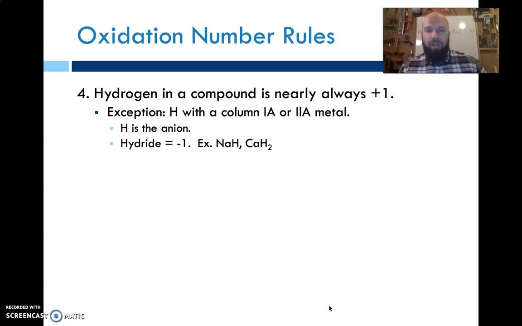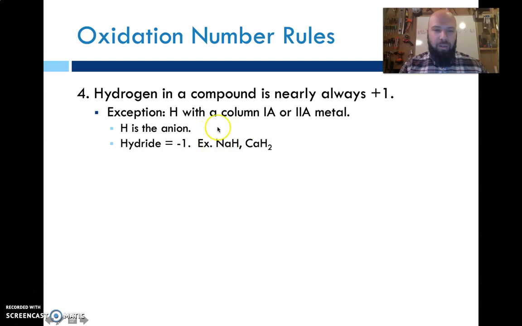So you can think of the H2 example, that would mean hydrogen would be 0, but also if you have a hydride, like calcium hydride or sodium hydride, then rule number 3, where the alkali or alkaline earth metals take priority, would combine with rule number 1, where you have to add the charges together to give hydrogen a -1 oxidation number.